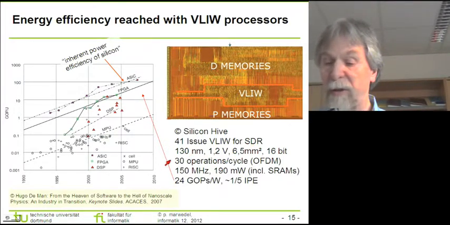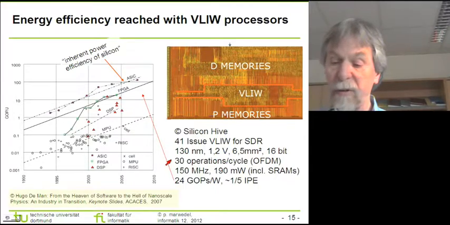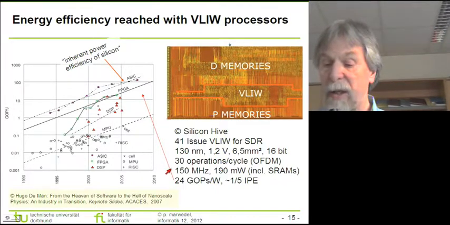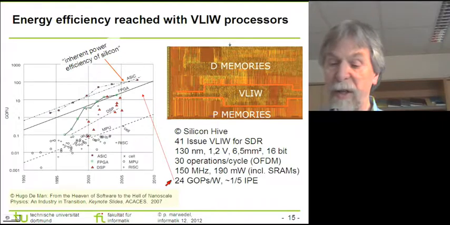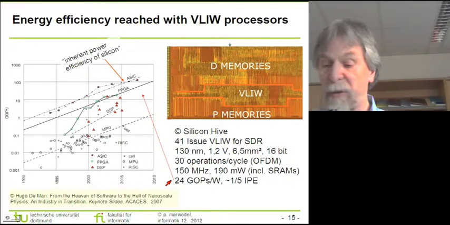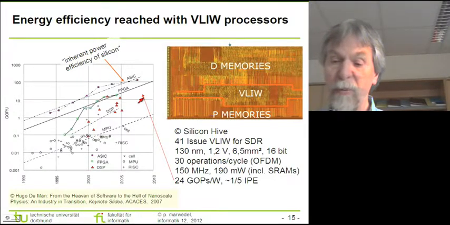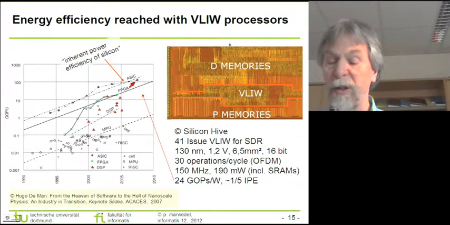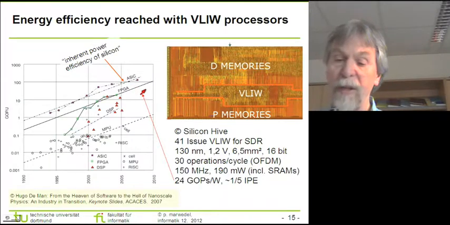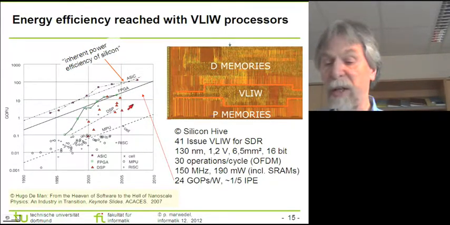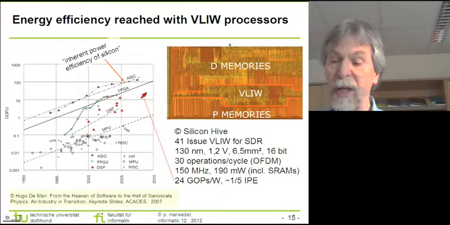Actually 30 of these operations can be executed per cycle. The bottom line is that we would be able to execute 24 billion operations per watt, which brings us to about 20% of the energy efficiency of application-specific integrated circuits, which means that we are actually really in this sweet spot of our diagram.